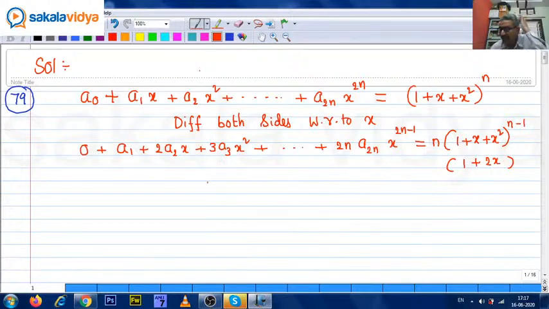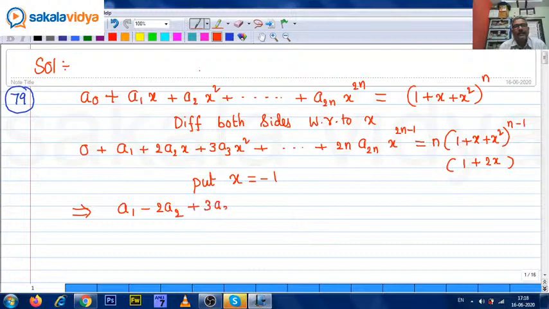Now what we need to get is a1 minus 2a2 and so on. That means now put x equal to minus 1 on both sides. If you put x equal to minus 1, you get a1 plus 2a2 into minus 1, minus 2a2, plus 3a3 into minus 1 square, plus, minus, and so on, and here plus, because this is an even power, 2n into a2n, you will be getting equals to n times 1 minus 1 plus 1 whole to the power of n minus 1, and 1 minus 2.